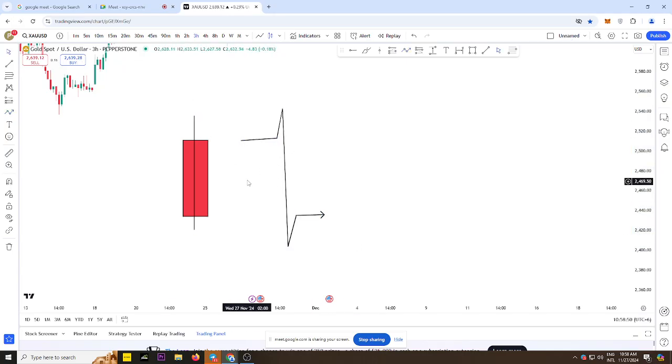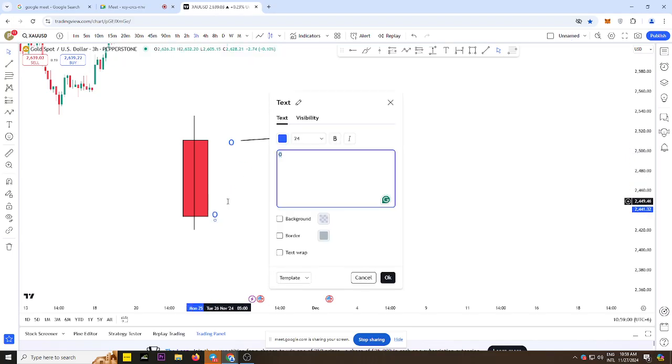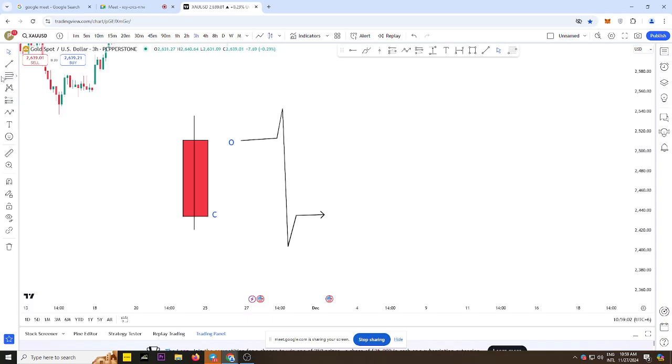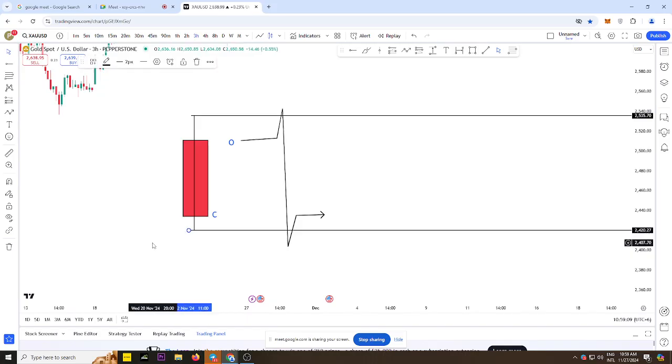Is this part clear to you? So this is the opening of the candle and this is the closing of the candle, right, brother? And as always, we have this as a high, we have this as a low. Is this part clear?